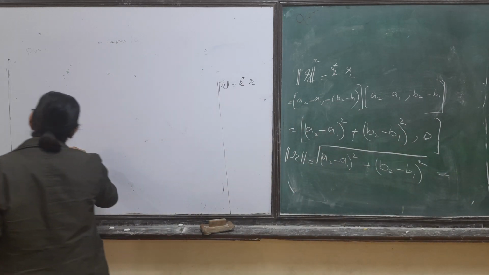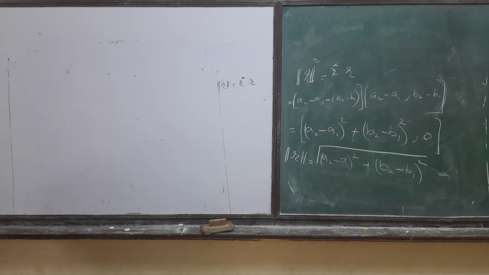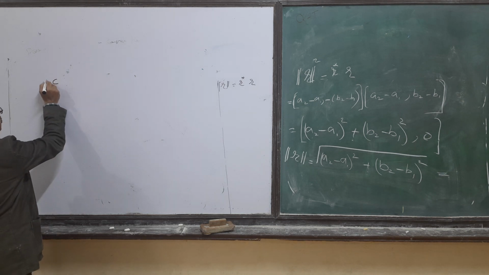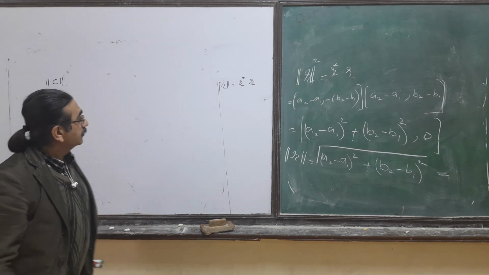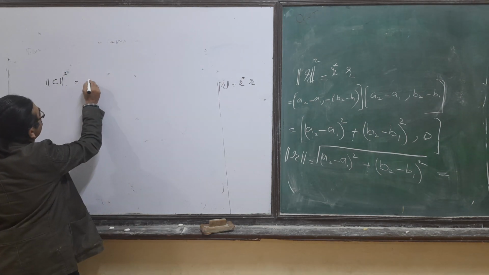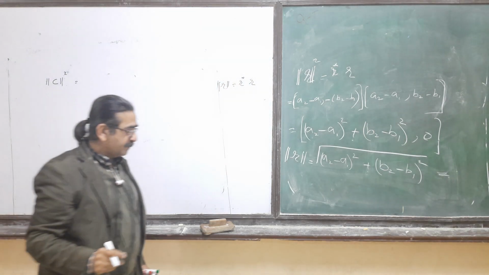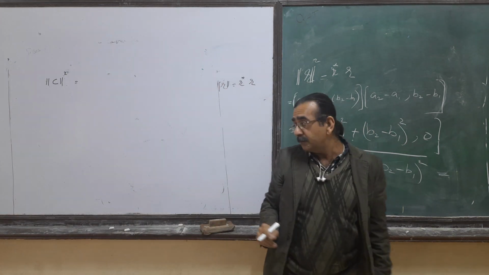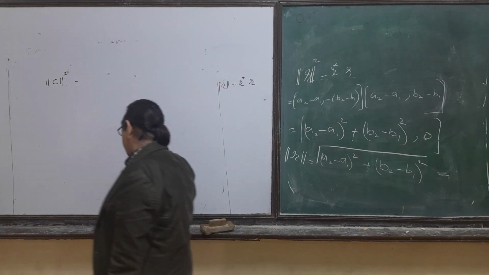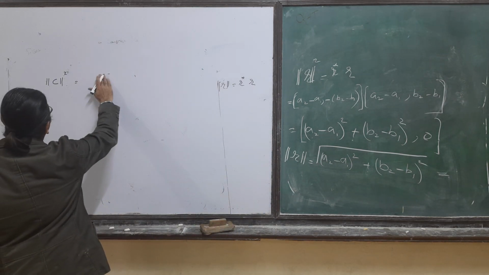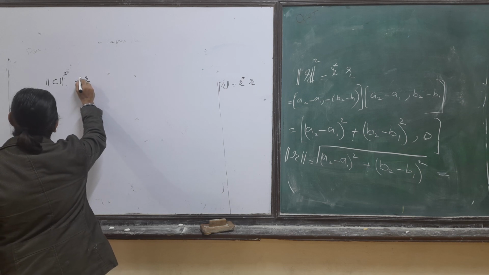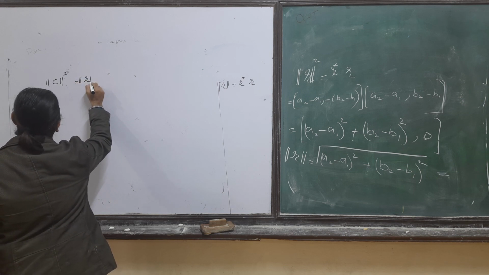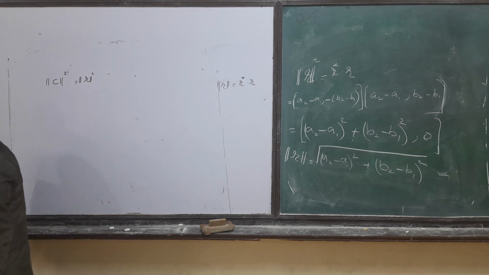As we have seen, this C magnitude, the C square, represents the length of the number.